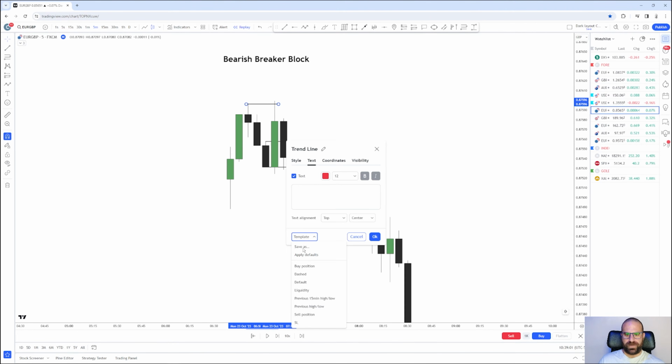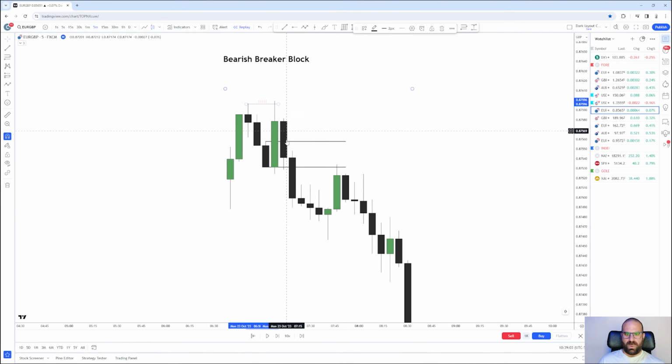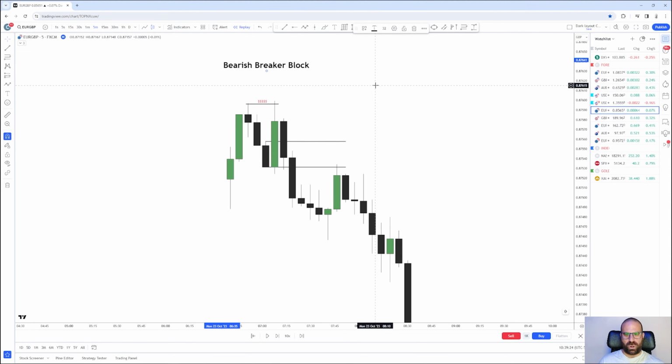As you can see, we broke below this low, at least right here, but also this low that created the move. And then this last bearish candlestick that you see before the up move that grabbed liquidity is your breaker block. It is your bearish breaker block in this occasion.